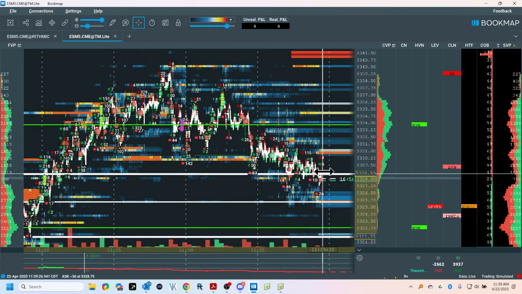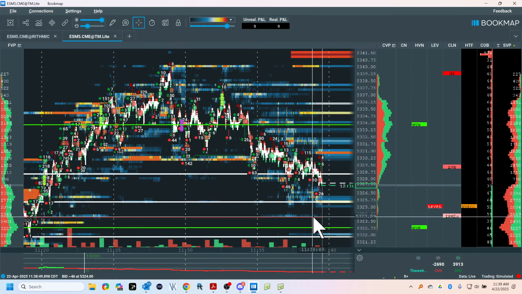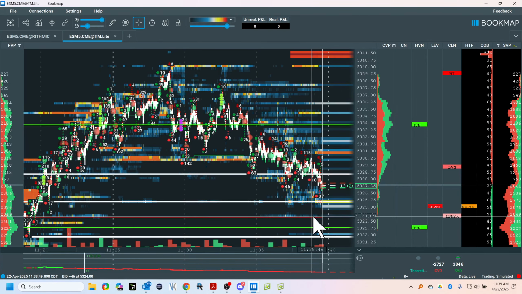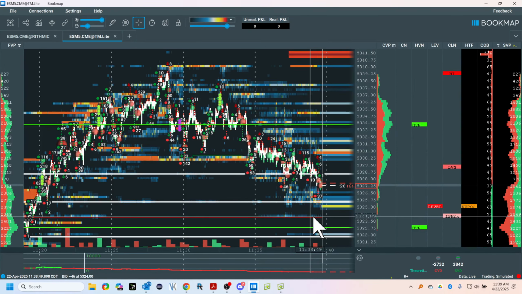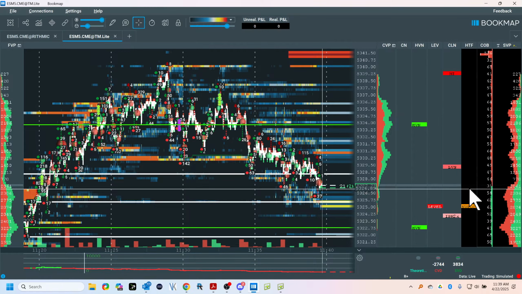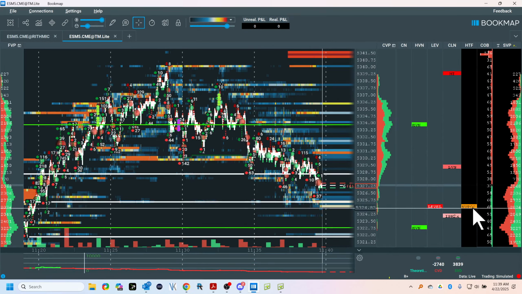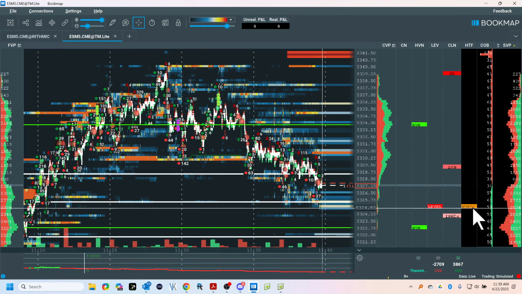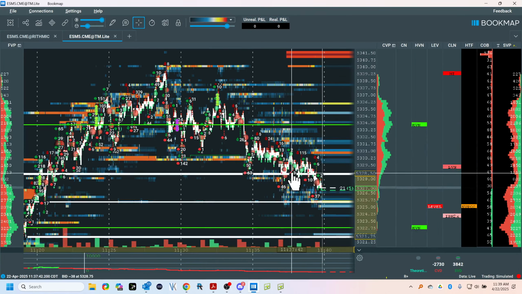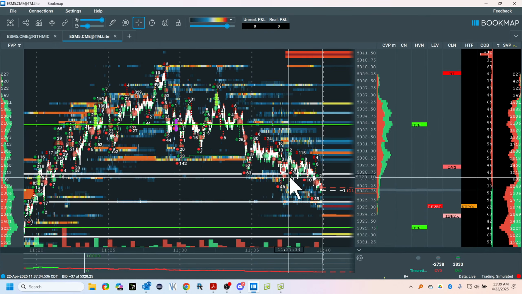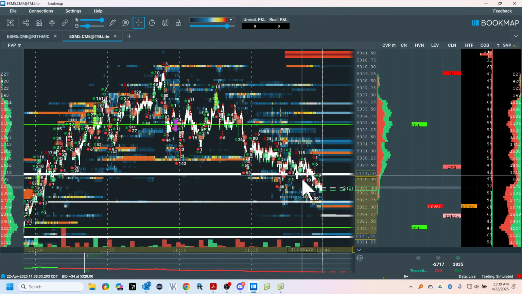They have to recapture this or we're going down. Naked VPOC is also an important level. So if you took this, you would take a stop under here. Not a big deal if that's your trade.